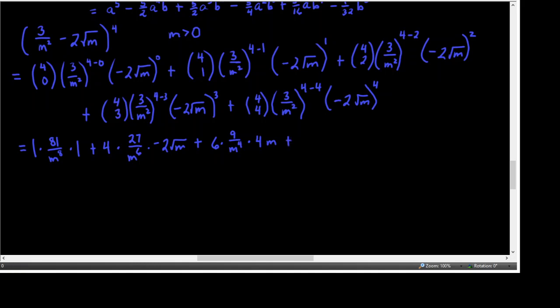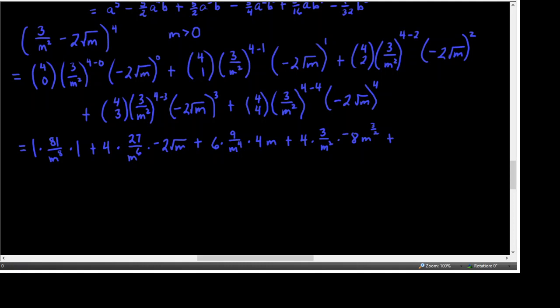Plus, 4 choose 3 is 4. 4 minus 3 is 1, so that fraction to the first is just itself. And negative 2 square roots of m cubed is negative 2 times negative 2 times negative 2, which is negative 8. m to the, square root of m is m to the 1/2 cubed. 1/2 times 3 is 3/2.